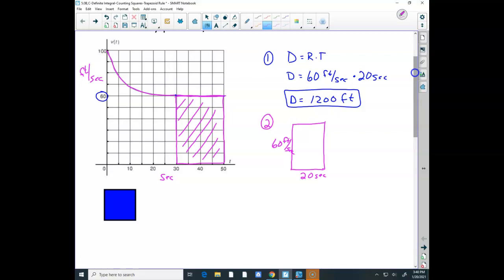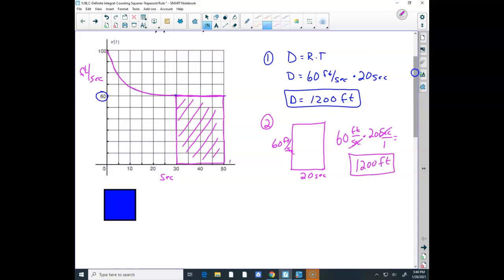It's kind of cool, because when I take 60 feet per second times 20 seconds over 1, I can see my units reduce, and that's going to give me my 1,200 feet.